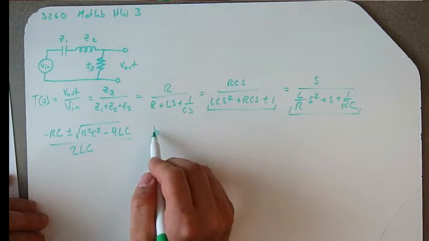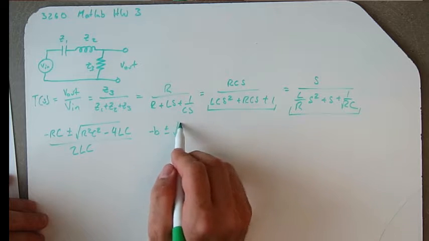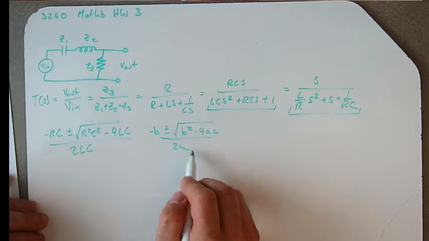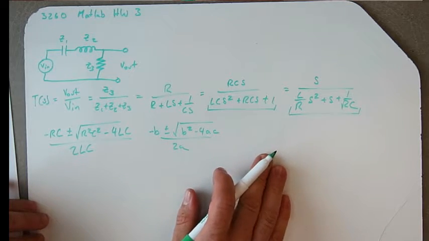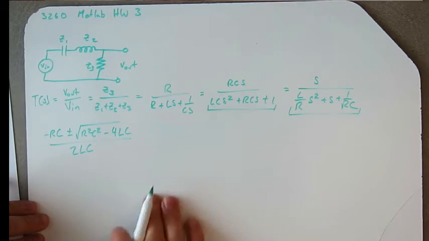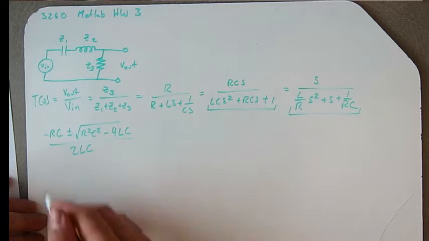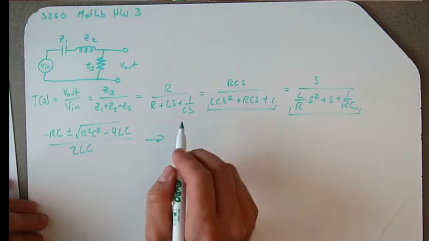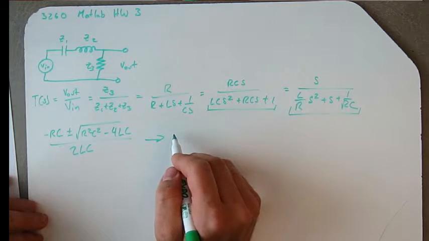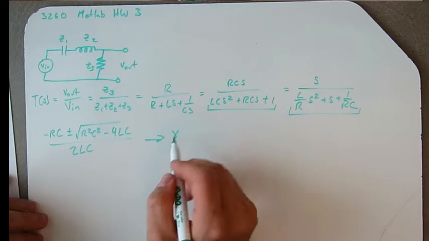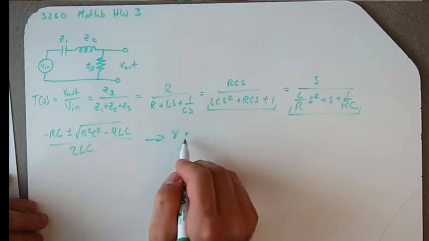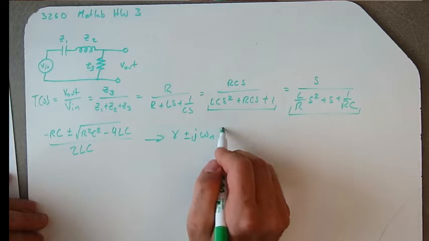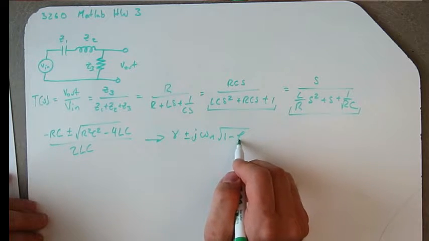And that's just from this equation, which everybody knows, the roots of a quadratic. Cool. Alright, so we're just going to manipulate this. We're wanting to manipulate this to look like some constant, plus minus j omega n square root of 1 minus zeta squared.